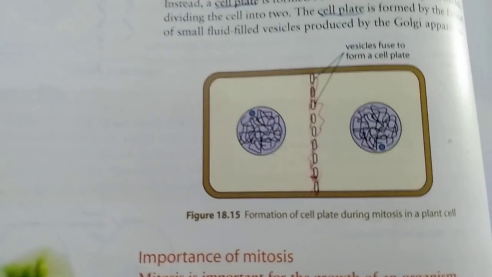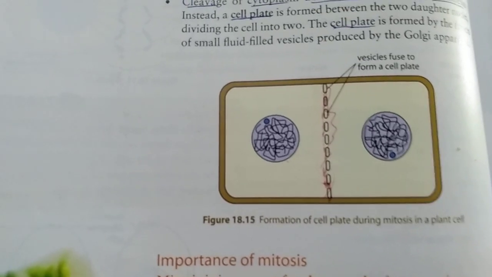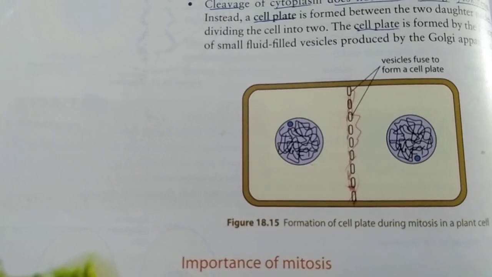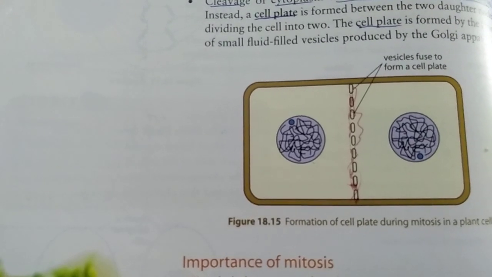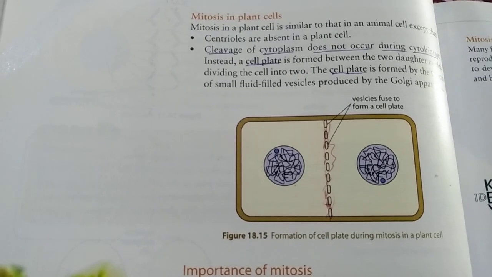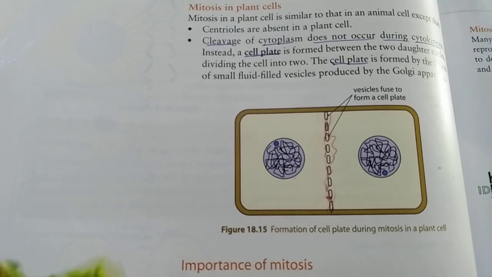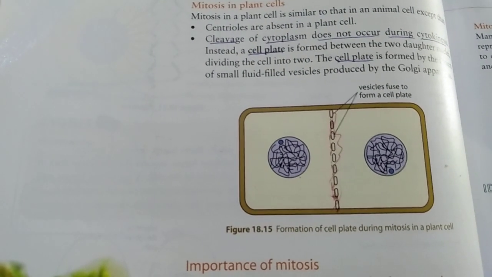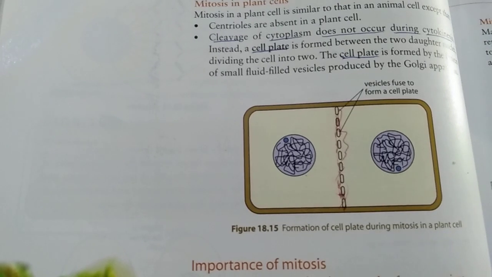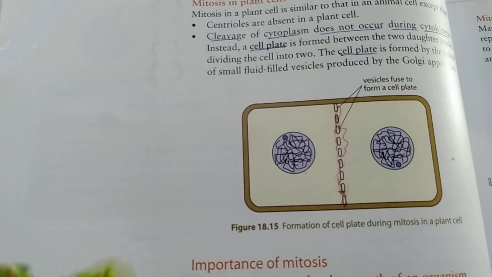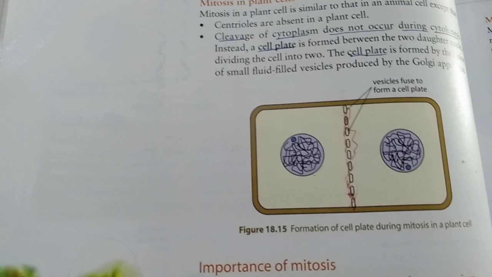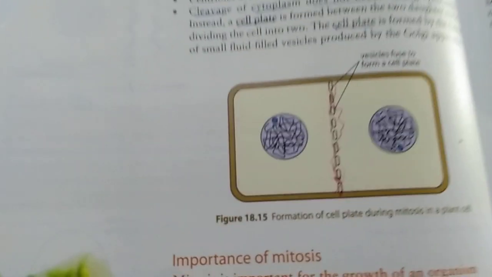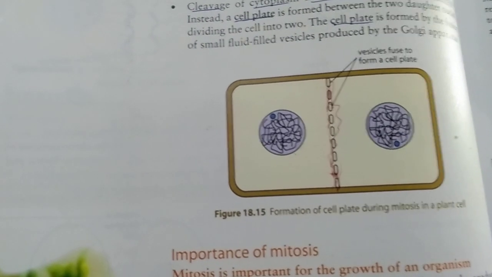We discussed mitosis and its stages: prophase, metaphase, anaphase, telophase and cytokinesis. And then we discussed mitosis in plant cells, which is slightly different from animal cells. In animal cells, cleavage of cytoplasm takes place, but in plant cells it does not during cytokinesis.